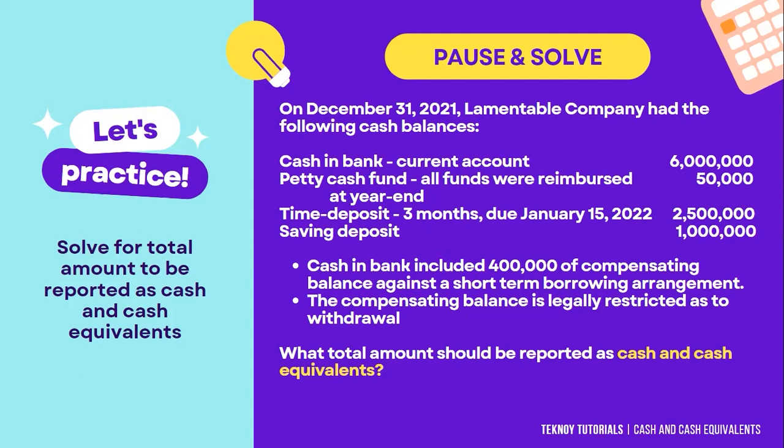Take note that the cash in bank included 400,000 of compensating balance against a short-term borrowing arrangement. The compensating balance is legally restricted as to withdrawal. Question: what total amount should be reported as cash and cash equivalents?